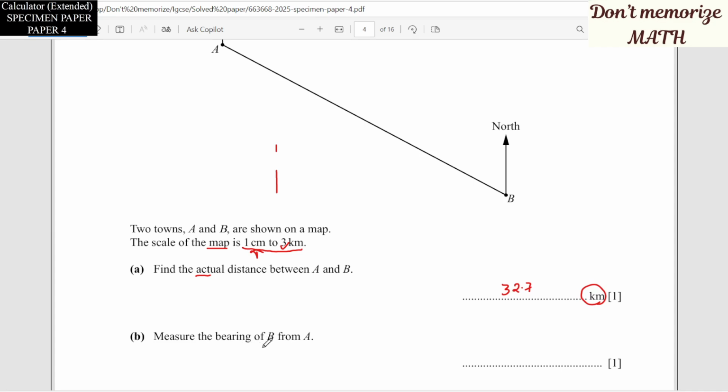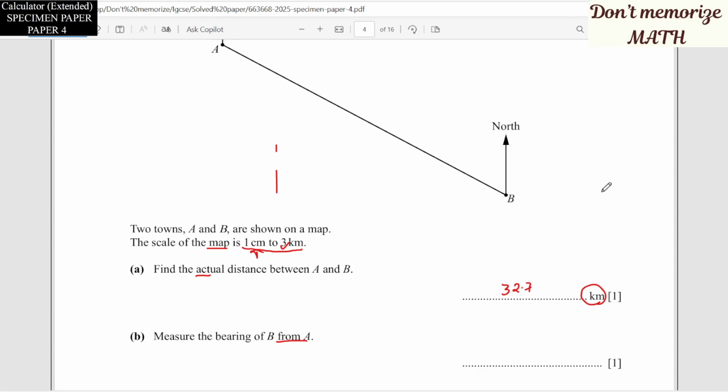Measure the bearing of B from A. So what do you mean by bearing? How to calculate the bearing? The main thing you should always keep in mind for bearing is from where. I will explain with the same question.